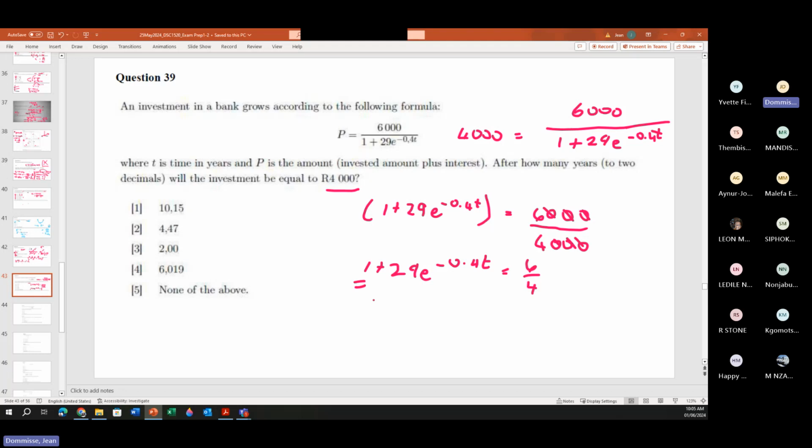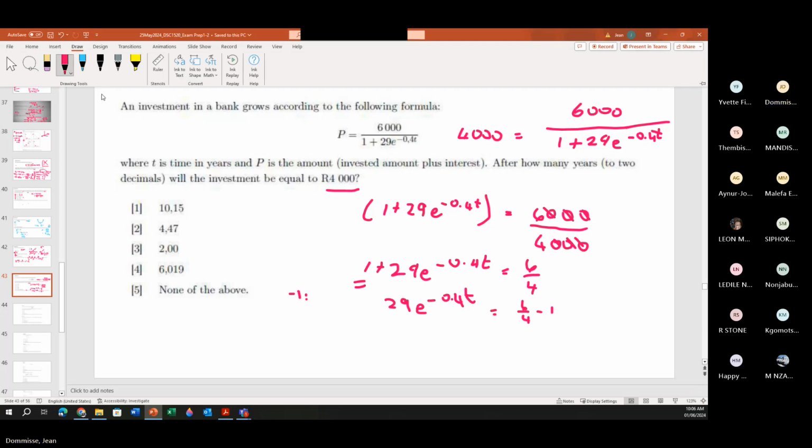On the left-hand side there's the 1, which I can subtract on both sides. So I'm left with 29e to the power of 0.4t, and on this side it will be 6/4 minus 1. Now at least it becomes a bit simpler.